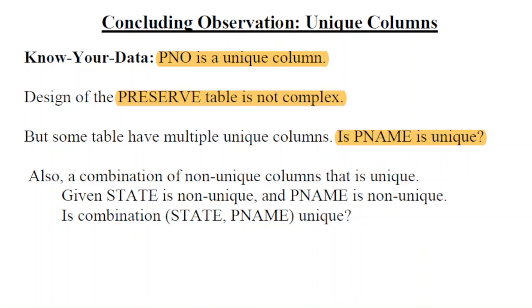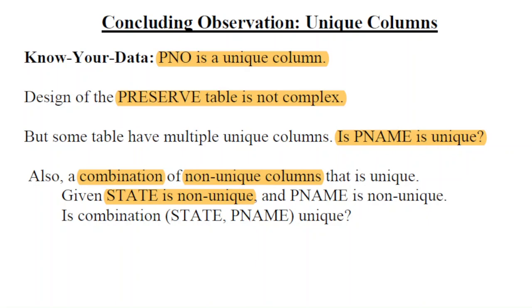But you know what? You might have a combination of columns which are not unique. So a combination of non-unique columns is unique. We know that in the preserve table, the state column is not unique.